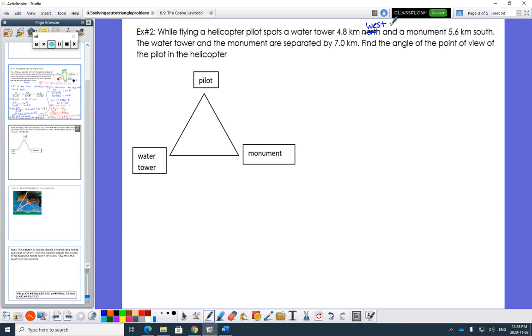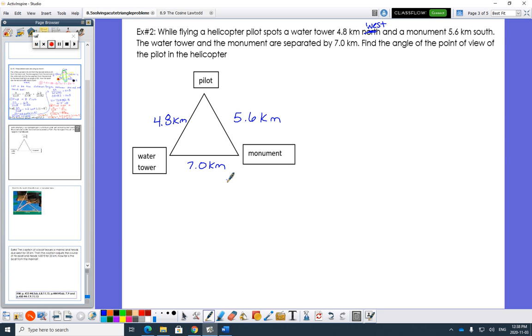He is looking at the water tower, which is 4.8 kilometers this way. And some kind of monument, like a statue or something, is 5.6 kilometers this way. The water tower and the monument are separated by 7 kilometers. Find the angle from the point of view of the pilot.